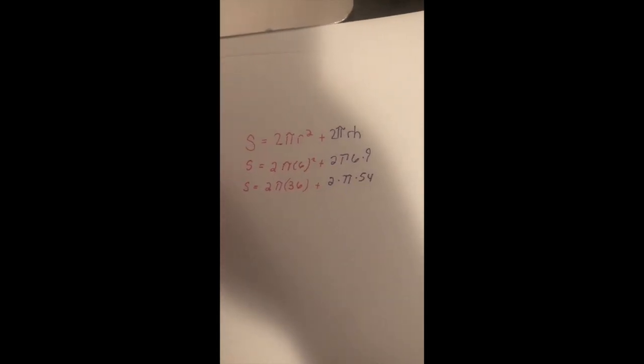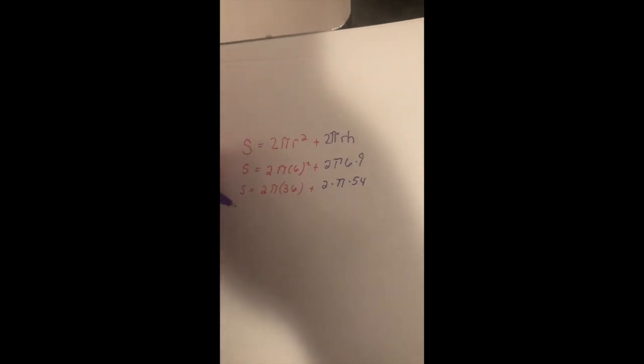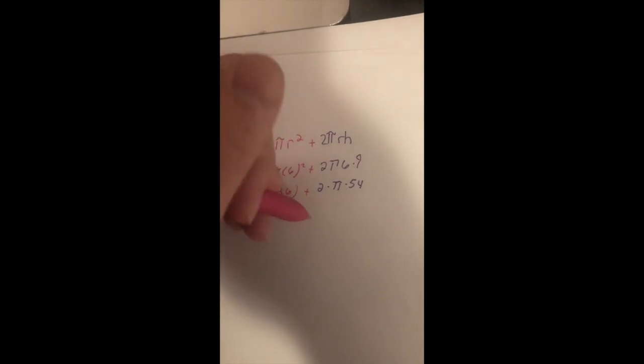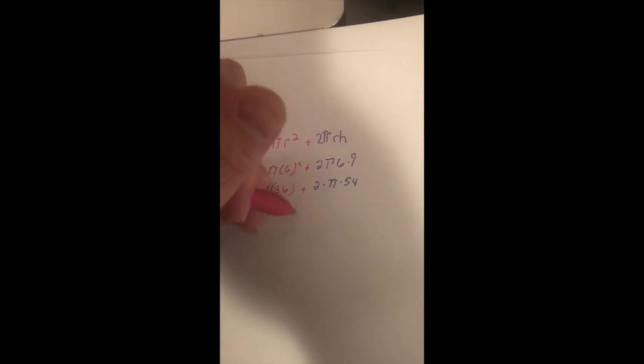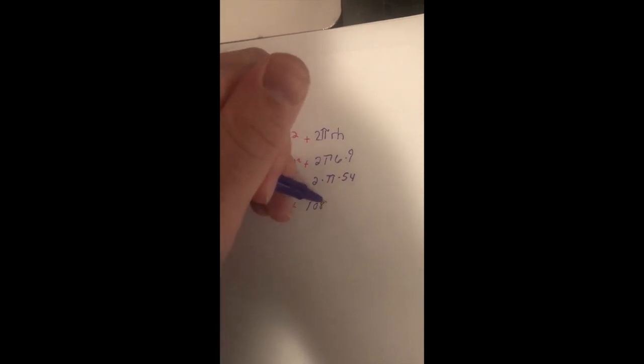The next thing that we need to do is simplify further, and we end up with S is equal to 72 pi plus 108 pi.